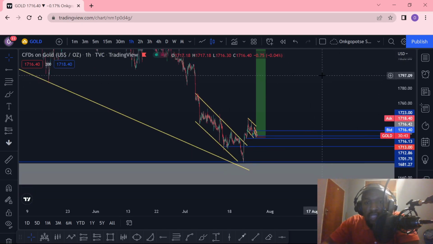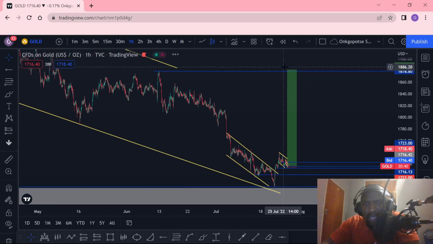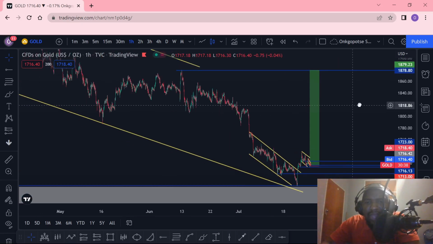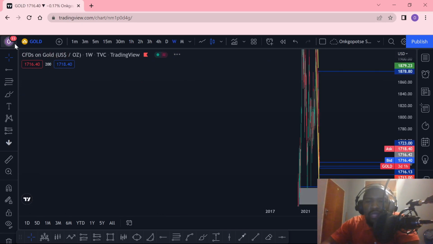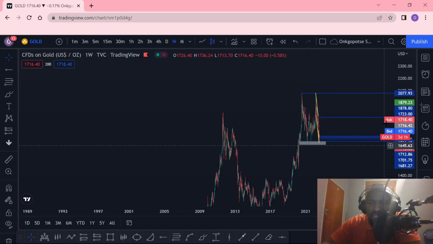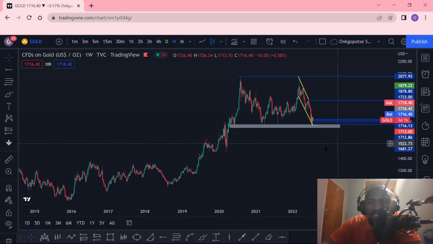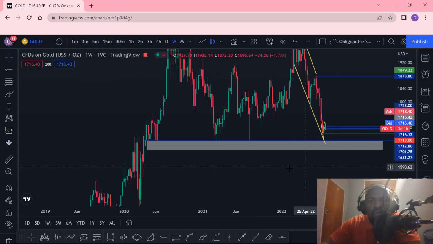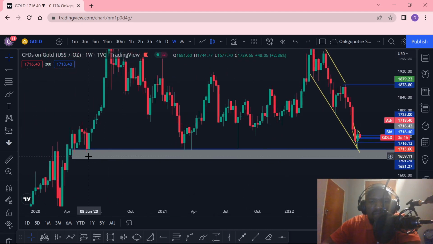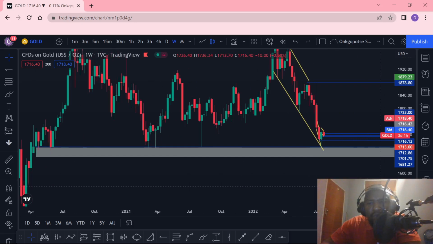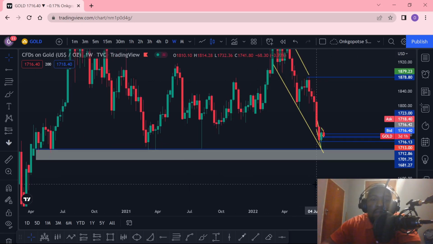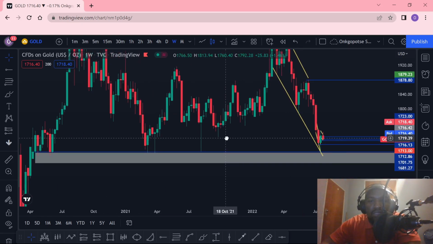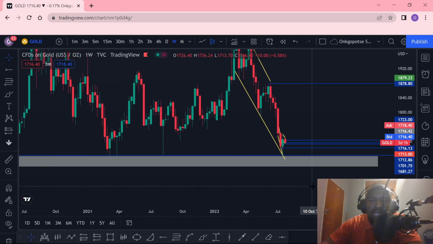So with gold, guys, gold looks beautiful to take buys, because right now, if I go to the weekly time frame, you can simply see that gold has tapped into our weekly zone, which is this one right there. That's why we saw the beautiful buys that we catered last week. So basically on this beautiful one, guys, we saw that gold has reached our weekly low.